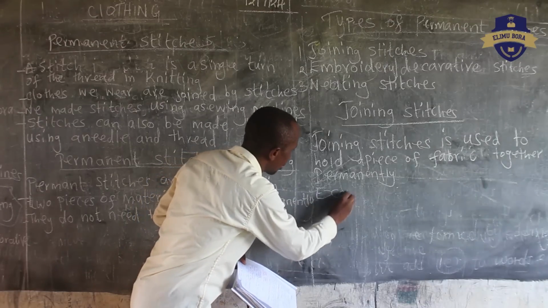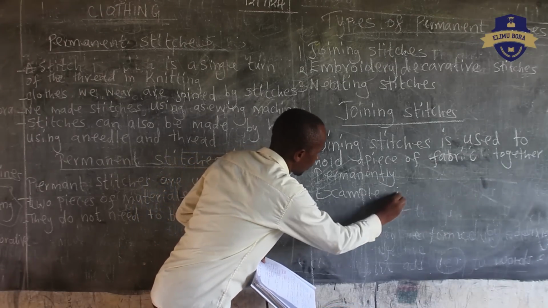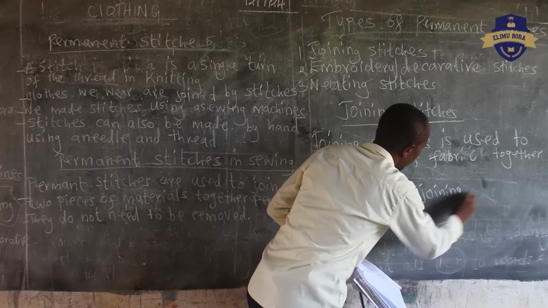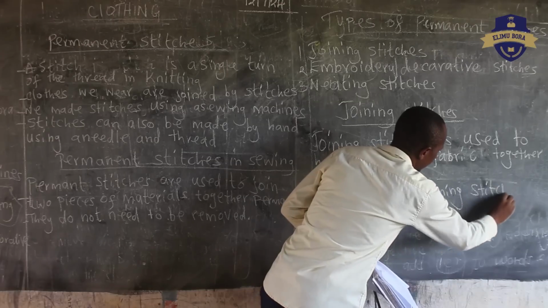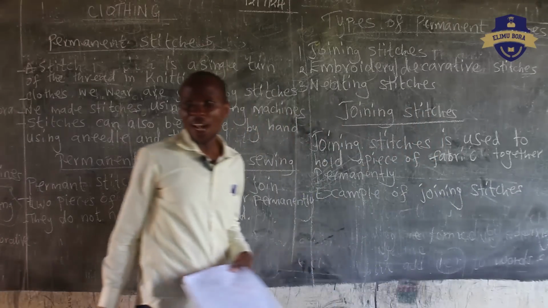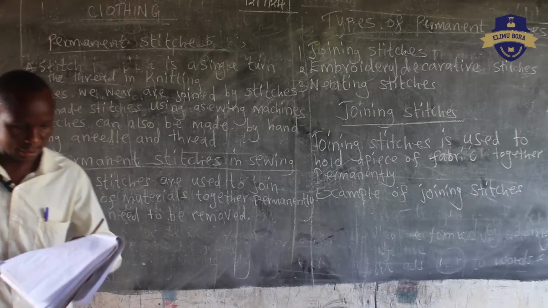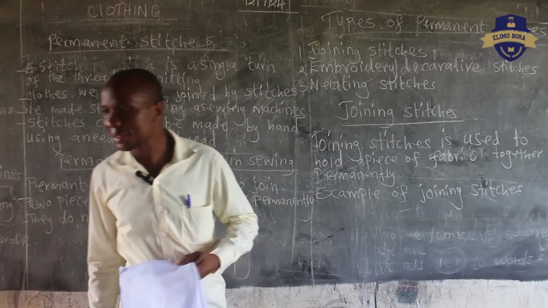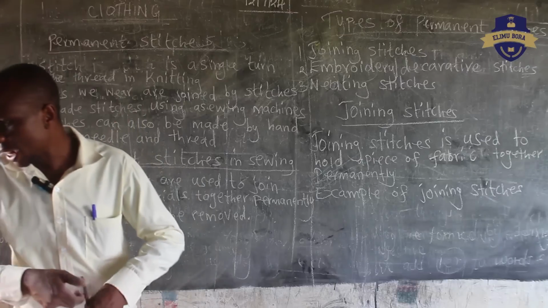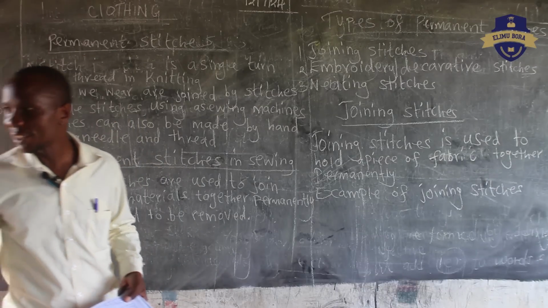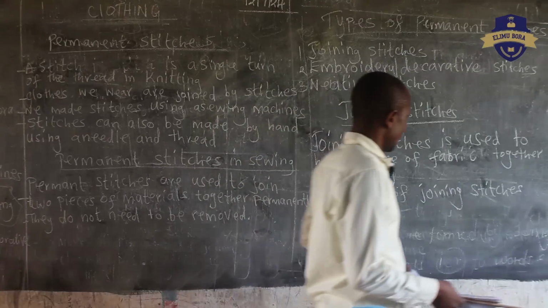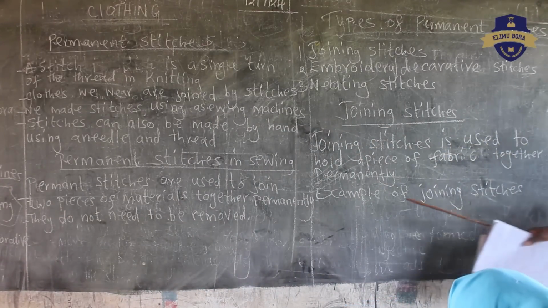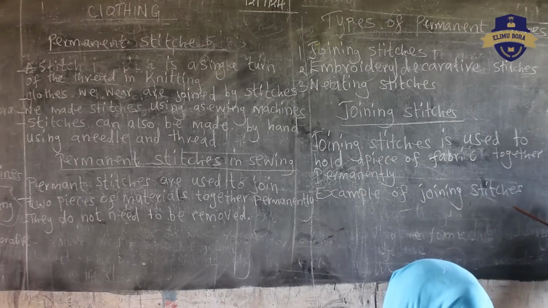The examples of joining stitches are what we call back stitch and over sewing stitch. Say back stitch, over sewing stitch. Those are the two examples of joining stitches.